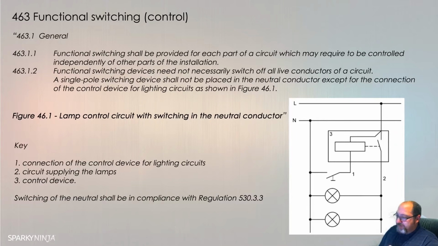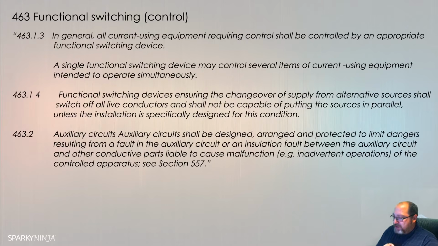We have mention on auxiliary circuits. Now, auxiliary circuits will be designed, arranged and protected to limit dangers resulting from a fault in the auxiliary circuit or an installation fault between the auxiliary circuit and other conductive parts liable to cause malfunction. We have a section for auxiliary circuits later on, and we'll look at the requirements for testing for that as well.